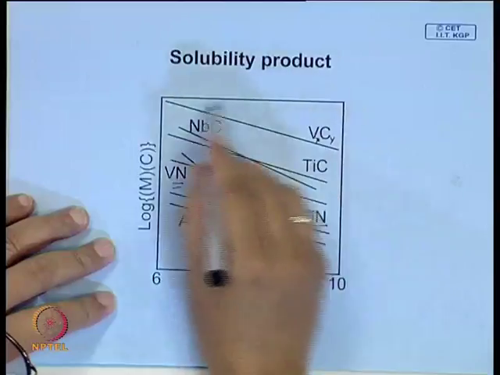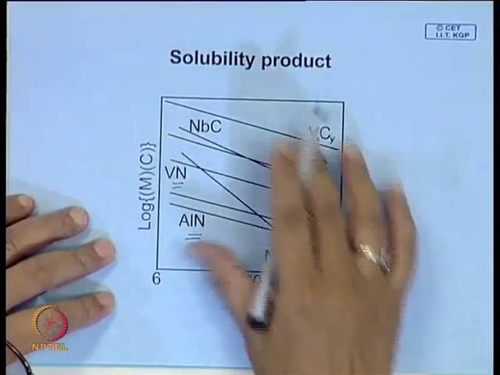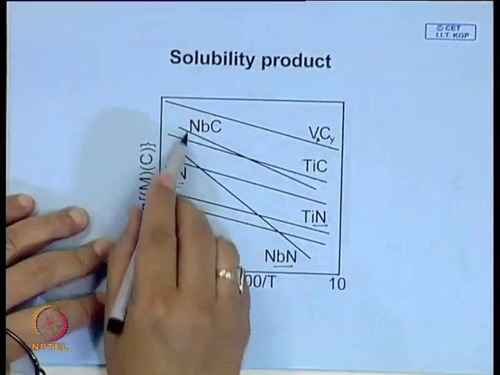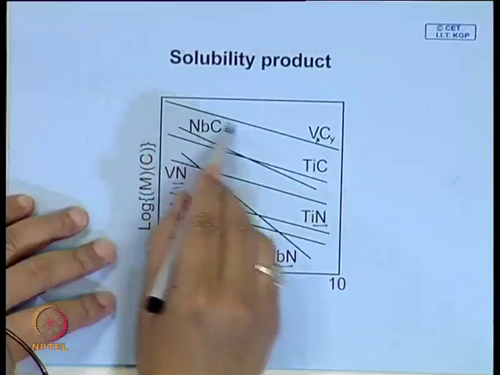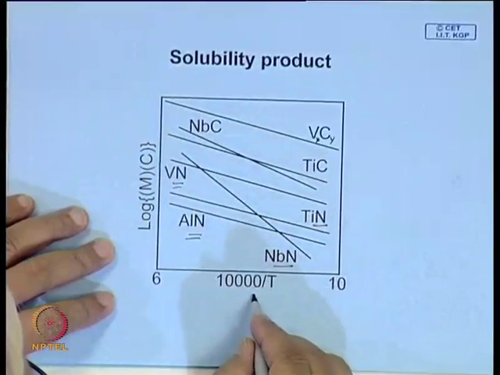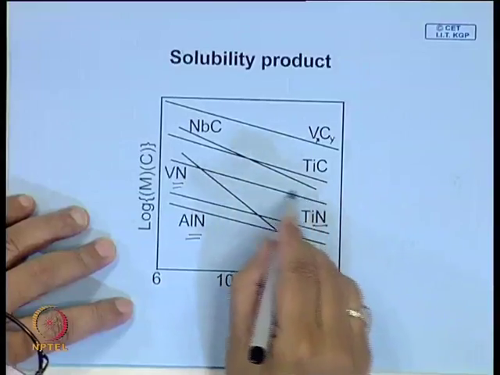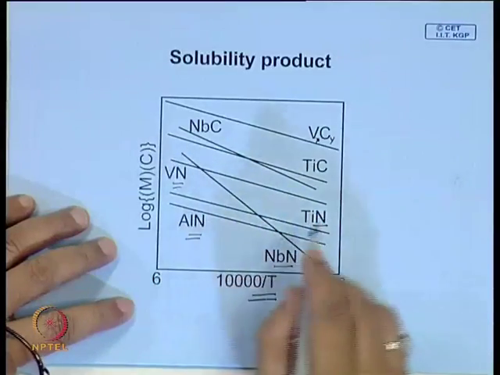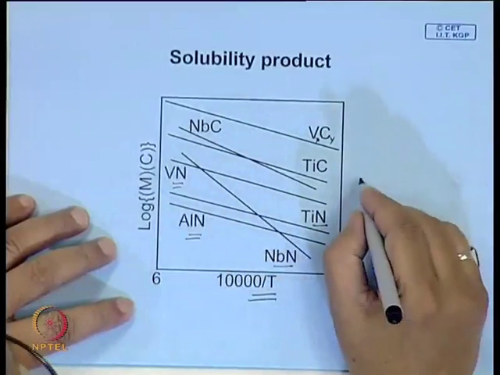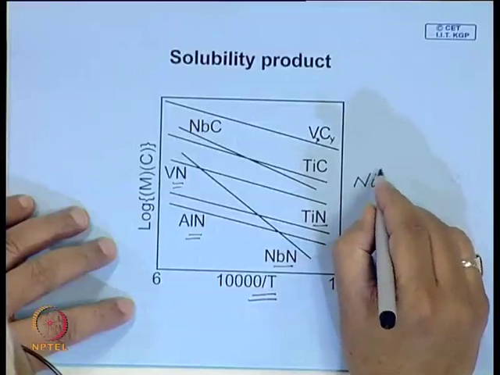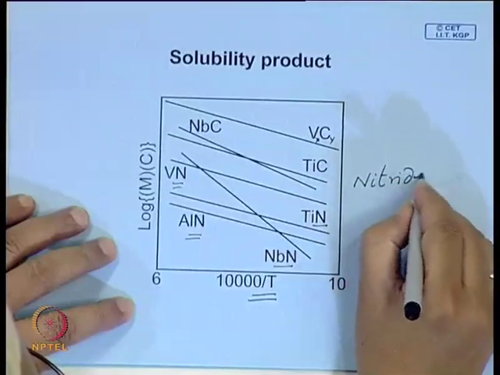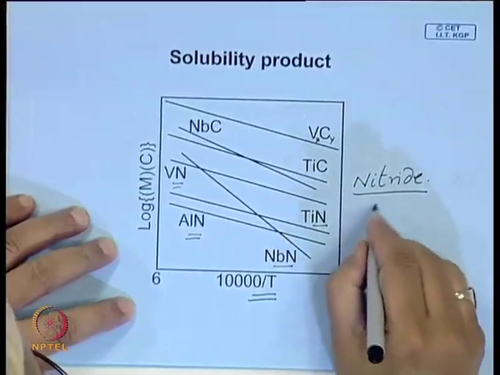But nevertheless, what it means is these carbides and carbonitrides, these solubility product plots are linear when plotted against 1 over temperature, and nitrides are much more effective as dispersoid. These nitrides are more effective as dispersoid than carbide.